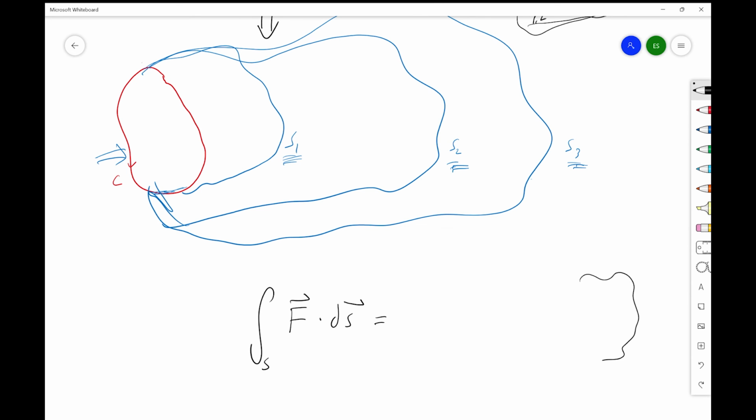So I have the surface, and the boundary is this red thing here. I don't know, it's a terrible drawing. Something like a balloon, a soap bubble that's almost going to float away.